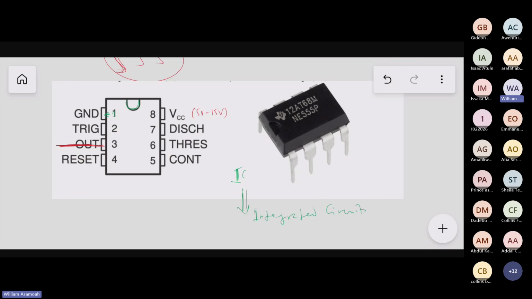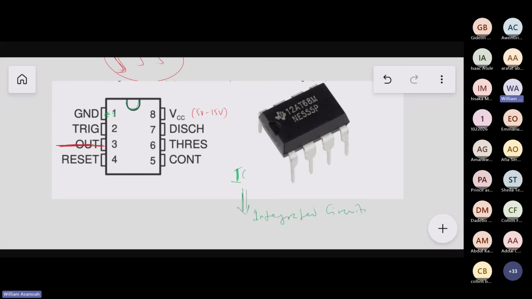So the 555 timer is a comparator. I don't even know if it's important that you know how it works, but I think it's good so that it will satisfy your curiosity and you won't think we are doing any black magic inside this box.